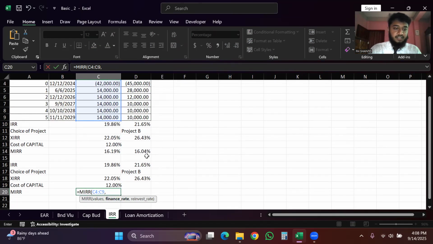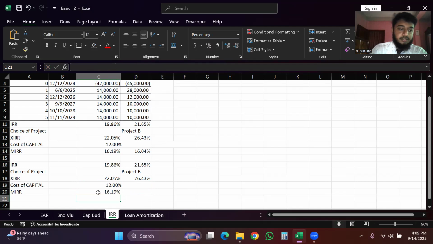The financial rate here is 12%. Then comma, then reinvest rate. This rate will be the same. The financial rate and reinvest rate will be equal. Closing the bracket and press enter button. Here you can see the MIRR is 16.9%.